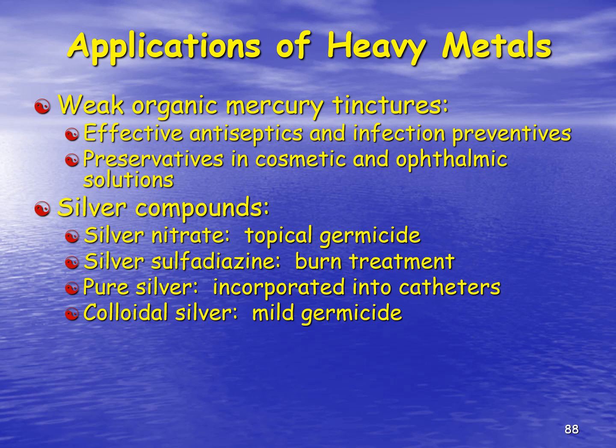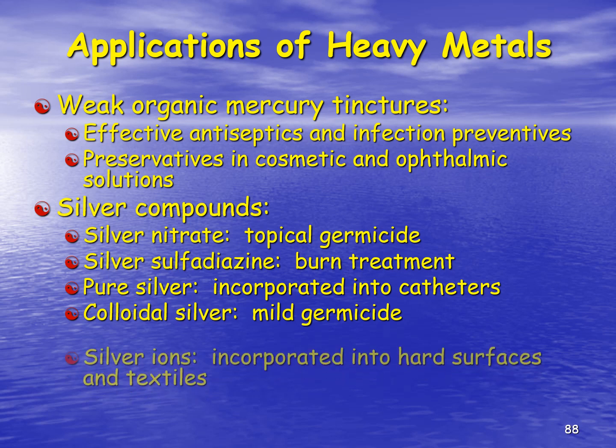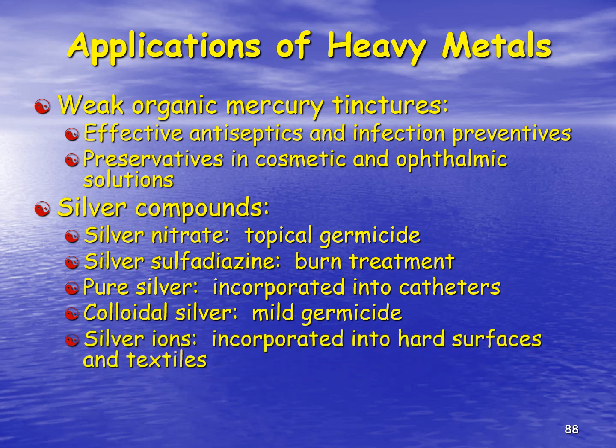And colloidal silver is used as a mild germicide. We now are seeing some fabrics that incorporate silver into the fabric itself to be antimicrobial. So silver ions are what's usually incorporated into these hard surfaces or textiles.